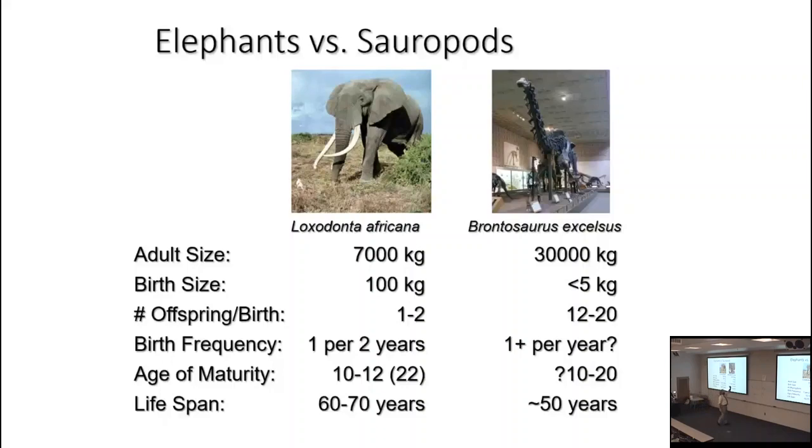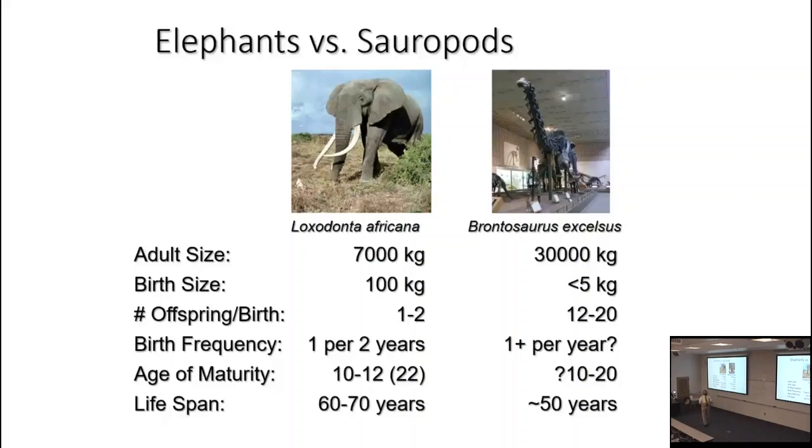At birth, you get just about 1 to 2 baby elephants. And 2 is extremely rare. Almost all elephant births are solitary. Occasionally, there are twins. We don't have good Brontosaurus clutches per se, but based on other sauropods, something like 12 to 20 being born at once seems quite reasonable.